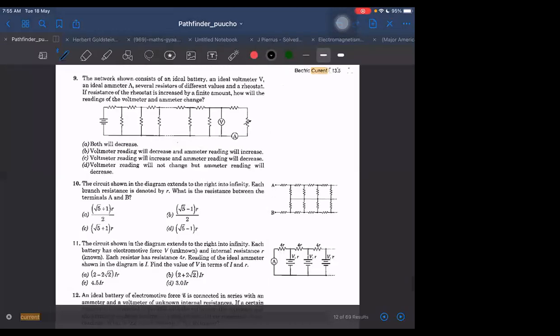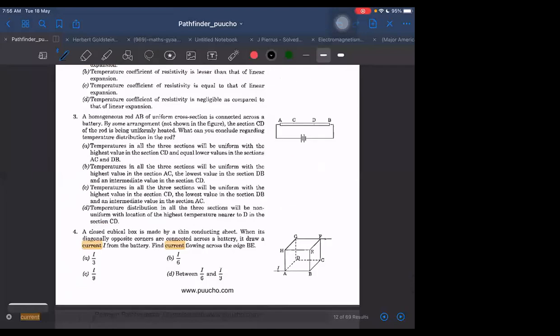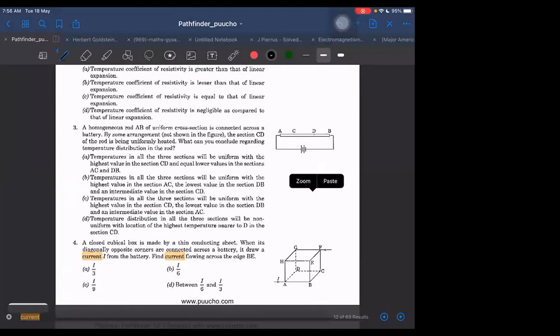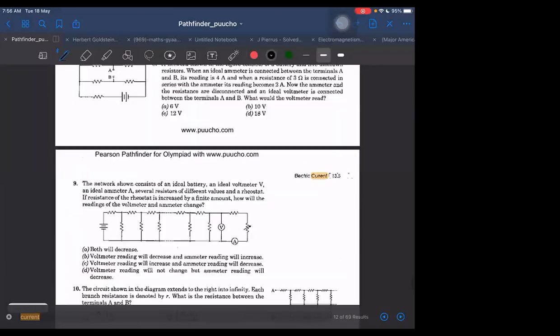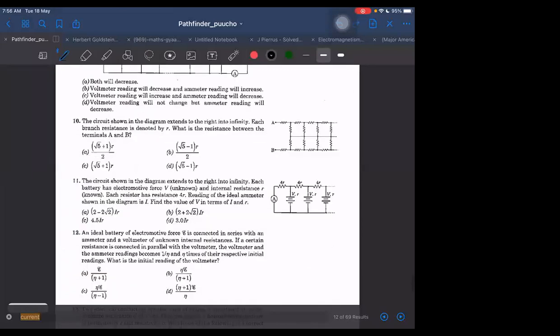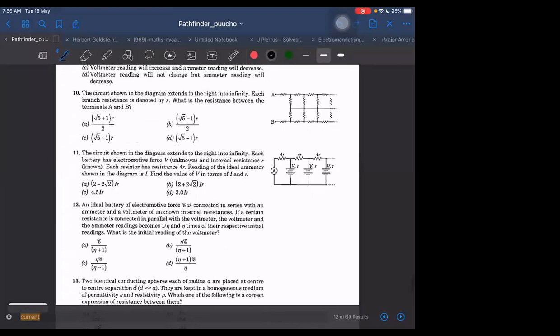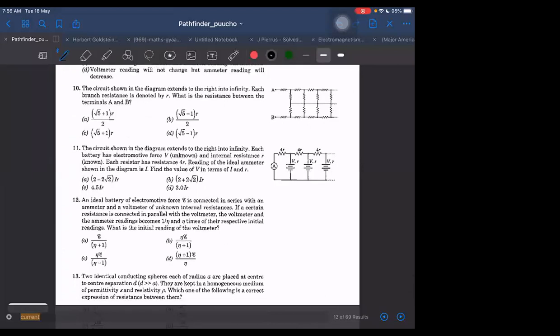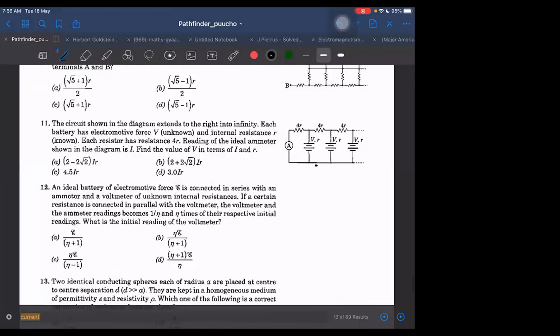This is our chapter. This question we have done, the 10th already. Let us do question number 11. Can you do question number 11?